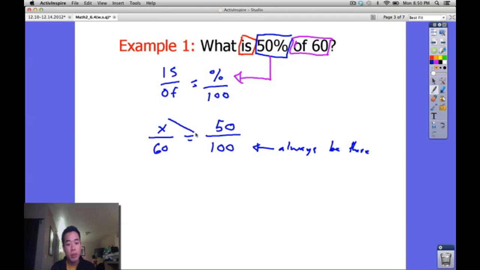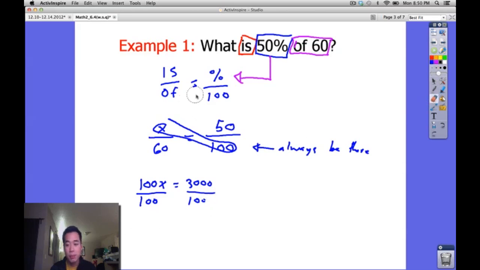From here, I know I can do what we call cross product. So 100 times x is 100x, and that is equal to 60 times 50, which is 3,000. Then to solve for x, I divide both sides by 100. Oops, sorry, I wrote 1,000.